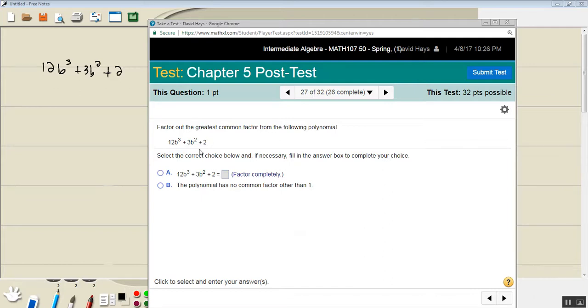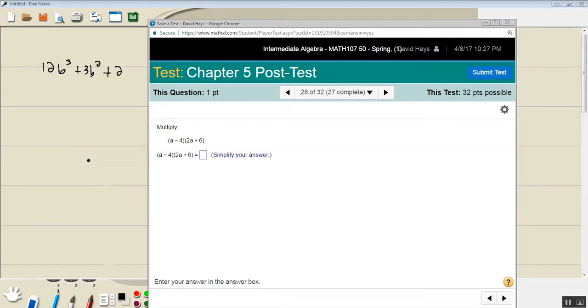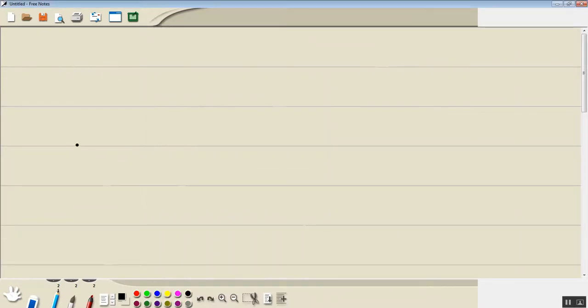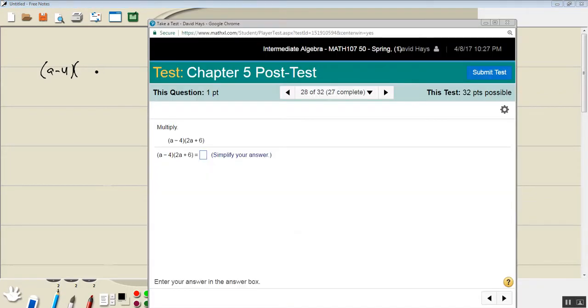If you look at all three terms, they don't have anything in common. So the polynomial has no common factor other than 1. Okay, must be a trick. I mean, trick as if it's prime, meaning you can't factor it. Either that or it's just too late and my eyes are crossing.